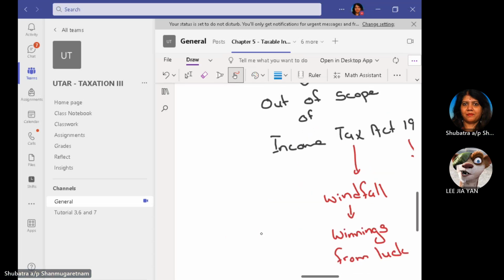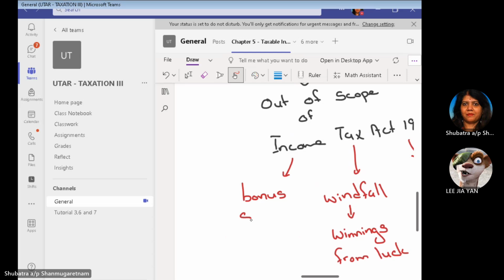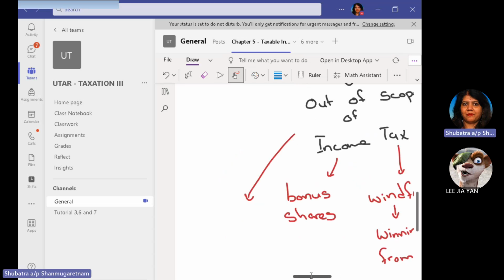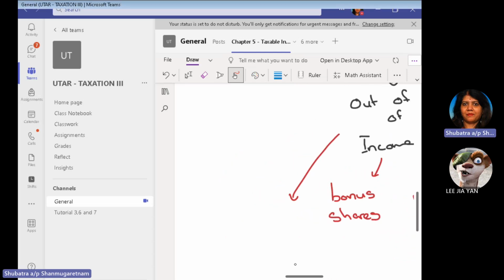All right? Now, bonus shares. You receive bonus shares, you sell bonus shares. Either way, you sell bonus shares is also capital gain, not taxable. All right?